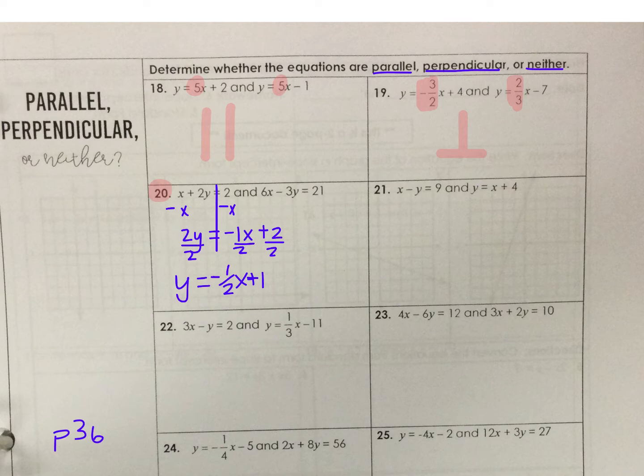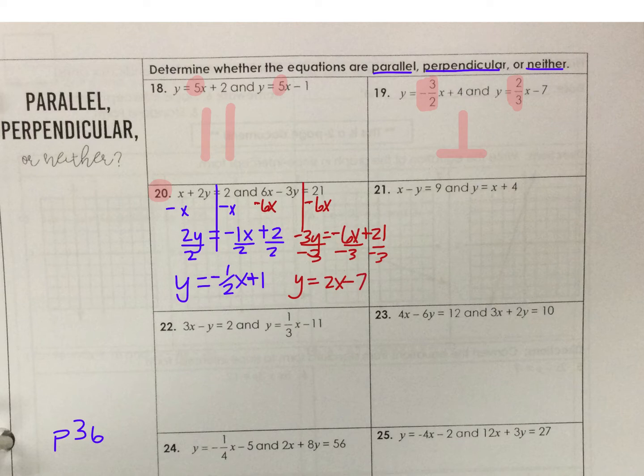So that's my first line. My second line, I'm going to subtract 6x, if my pen would write. Negative 3y equals negative 6x plus 21. Divide by negative 3. Y equals 2x minus 7.